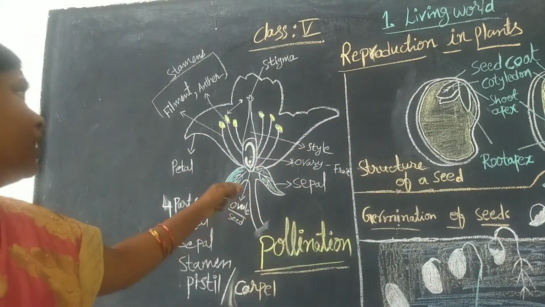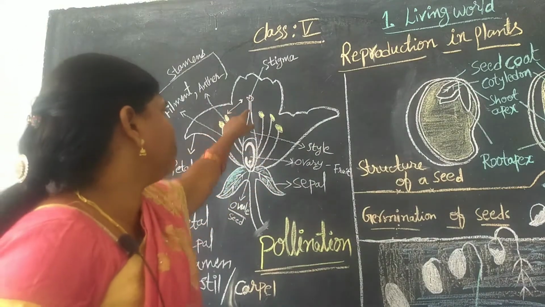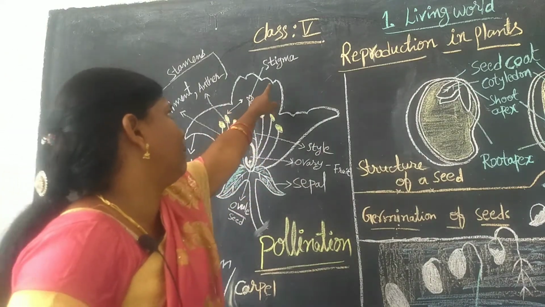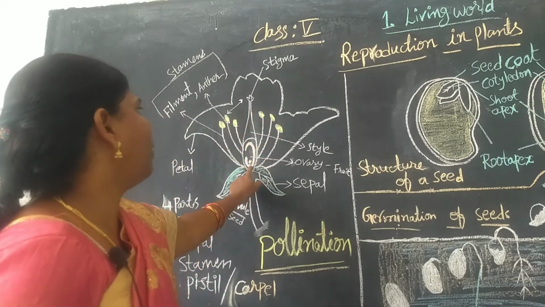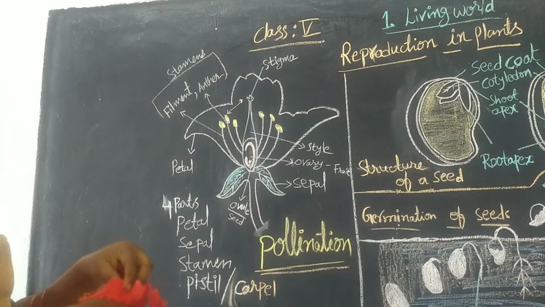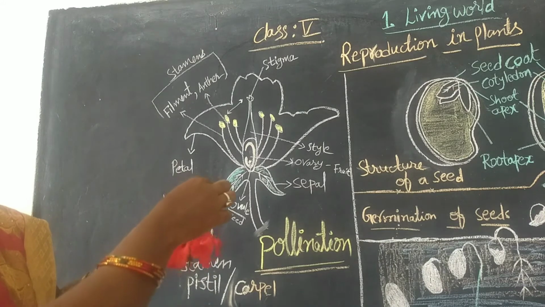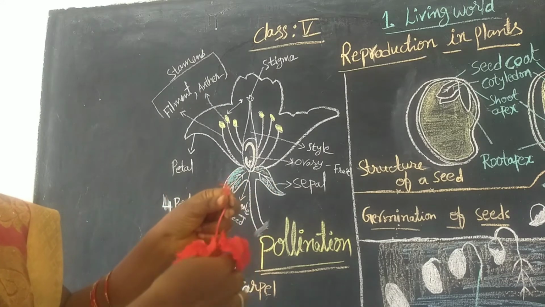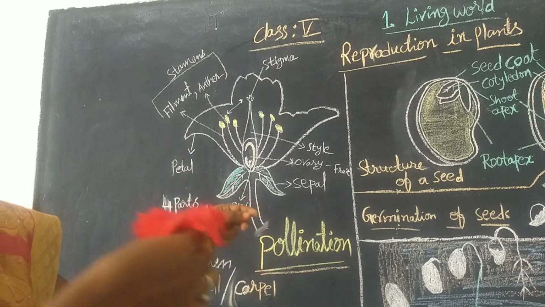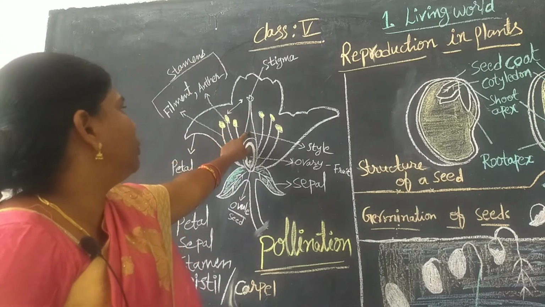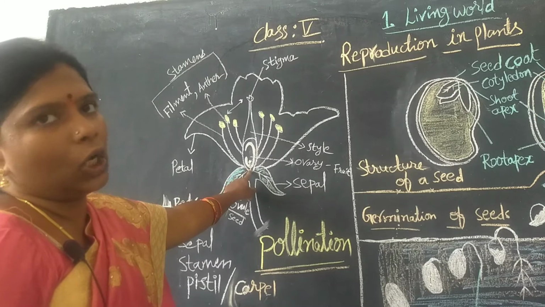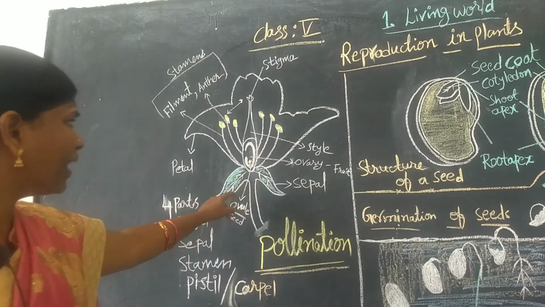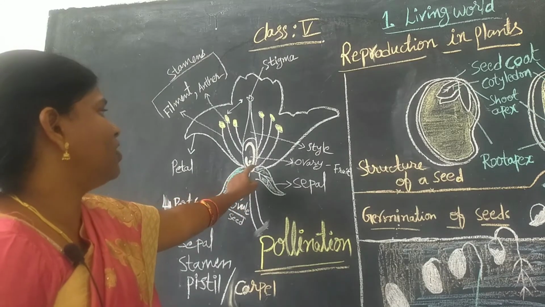And next is pistil. Pistil has three parts: stigma, style and ovary. Stigma is the topmost part of the pistil, this tube is called style, and this inner part is called ovary. In that, ovary contains ovule.